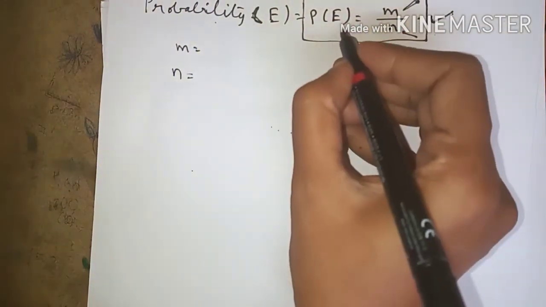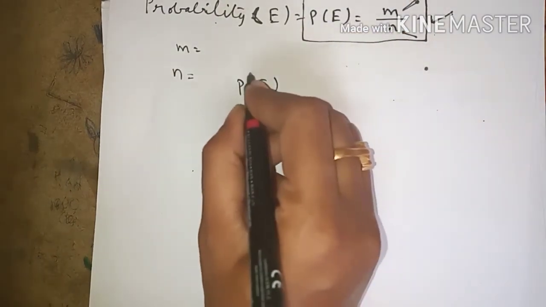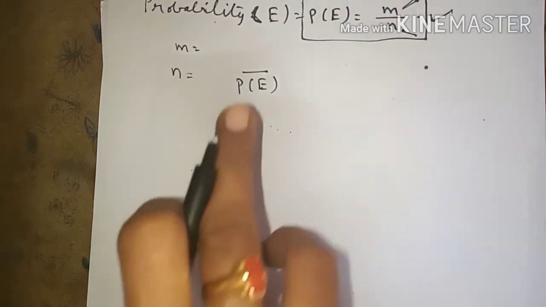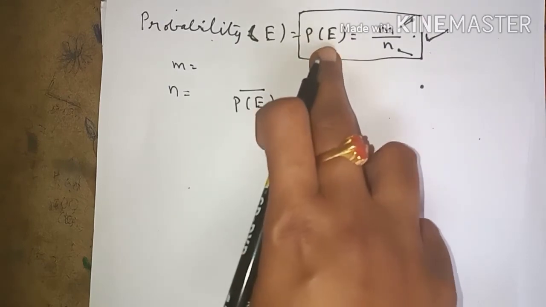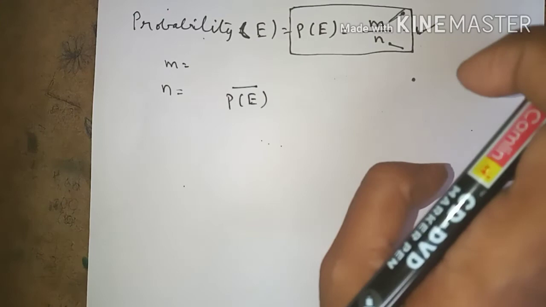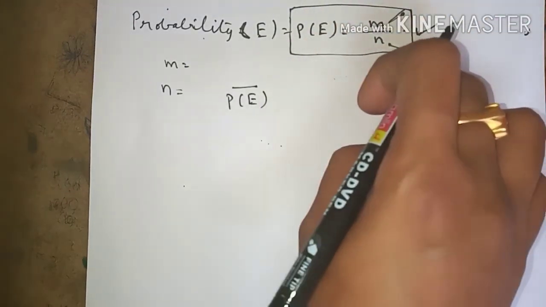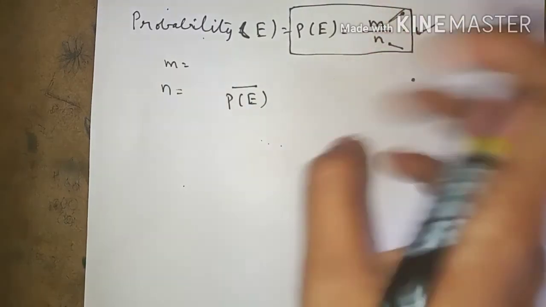Probability of happening of an event is denoted by P(E). In the same way, probability of non-happening of an event, or probability of non-occurrence, is denoted by P(E bar). Probability of occurrence, probability of success, probability of happening are all the same.